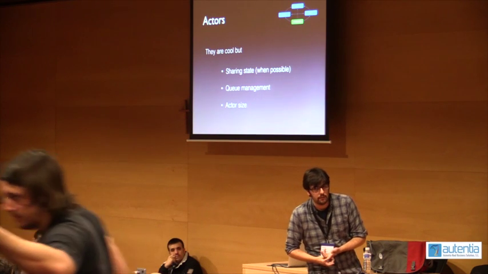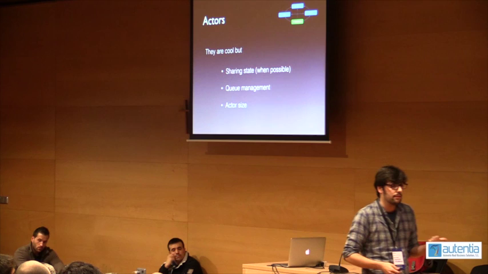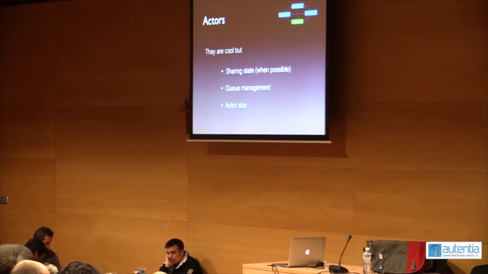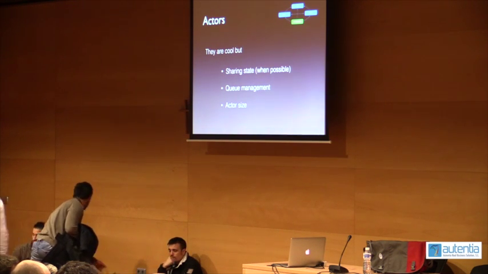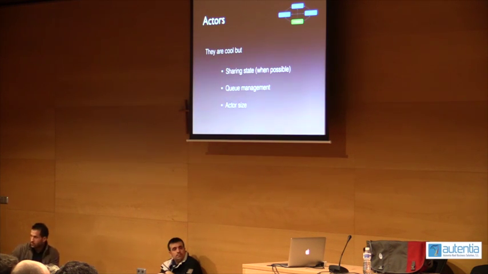But still, they have problems, and they are not small problems. First of them is that an actor is only safe when you are not sharing state. If somehow someone gets a reference to your actor and starts sharing stuff inside, well, your actor is no longer safe. And depending on if you are running on Erlang or on Akka, you are running the JVM, that may happen. It's a big problem.